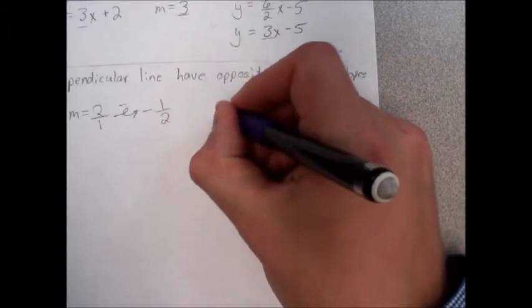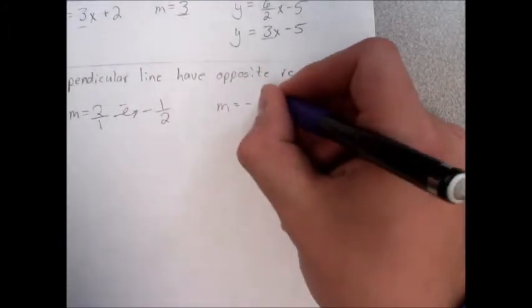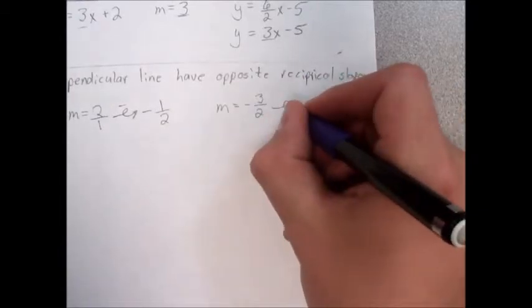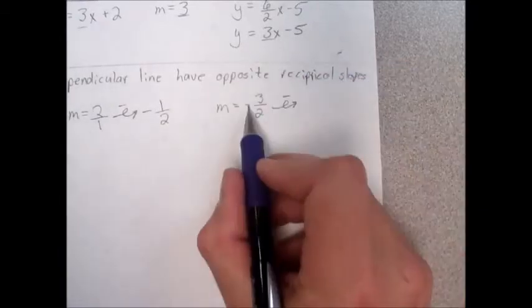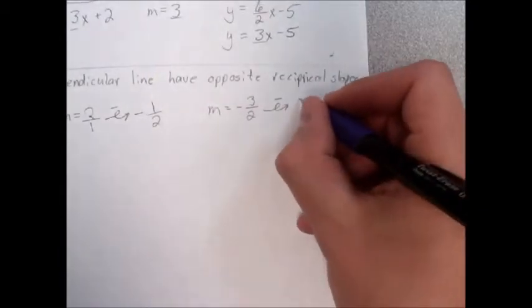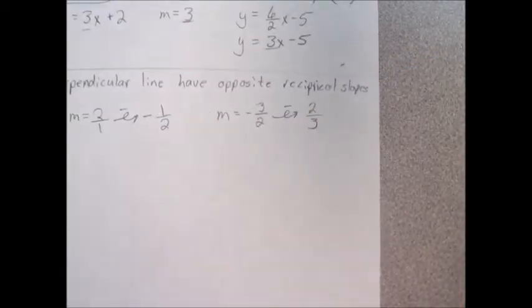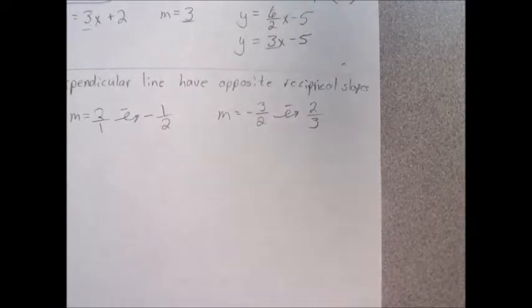Had my slope been negative, let's say negative 3/2, I was going to flip it and give it a negative, so that's 2 negatives, that makes it a positive, and when I flip it I get 2/3. Okay, so that's why I say opposite instead of negative reciprocal. I say opposite reciprocal because if it's positive it turns negative, and if it's negative it turns positive. So opposite reciprocal. Any questions there before I give you an example?